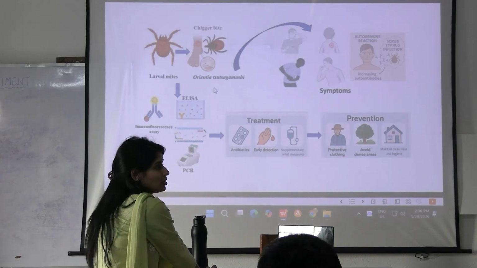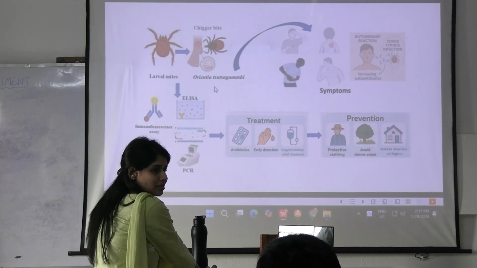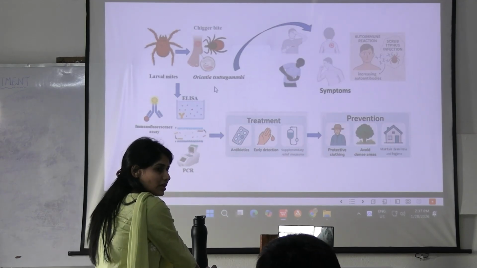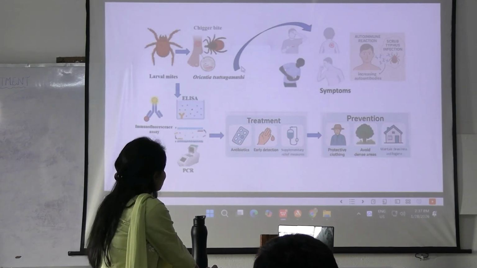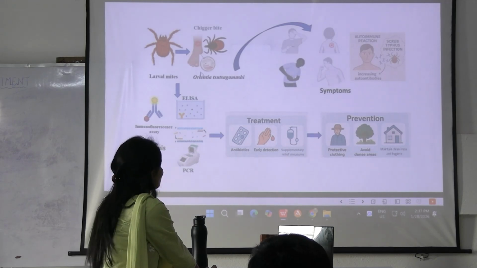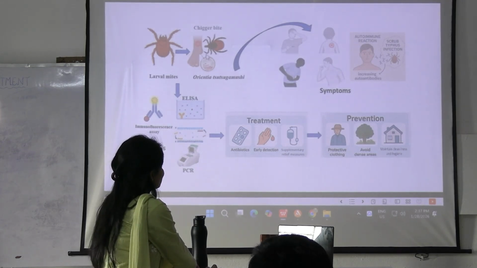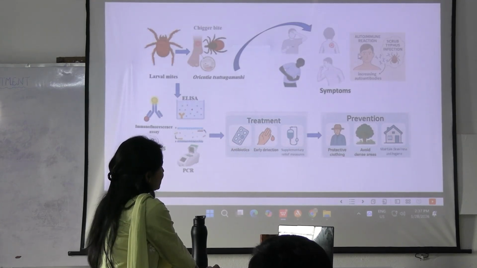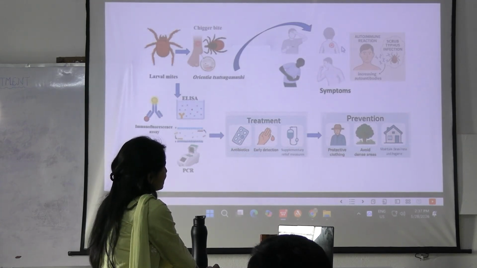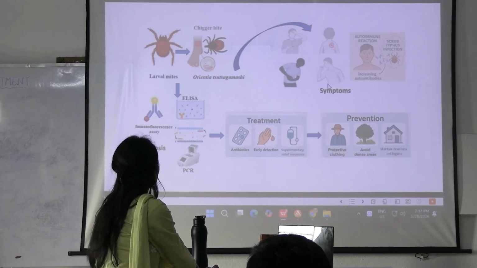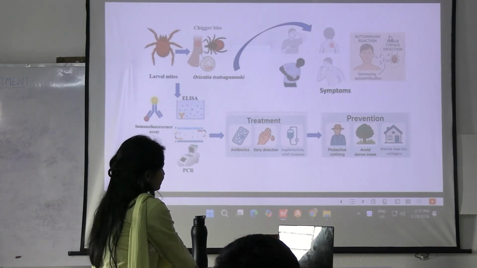There are two genera in the Rickettsia family, Orientia and Rickettsia. So we are discussing Orientia tsutsugamushi. After this bite and infection through this bacterium, the person develops all these symptoms. What will happen?